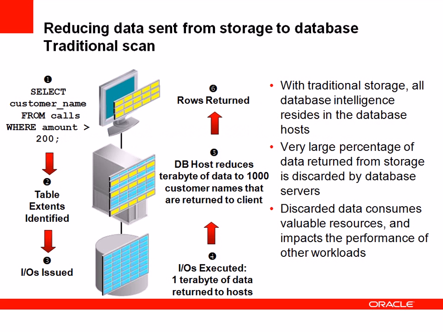So if it's a terabyte table, you're going to get 1 terabyte of data, which is retrieved from disk and then sent to the database server CPUs. Those database server CPUs then go through all of that data, throw out the data that isn't necessary, throw out the columns that aren't necessary, and return the rows to the user. So we can see that from step 2 to step 5, there's a lot of unnecessary data going along for the ride, consuming a lot of resources.